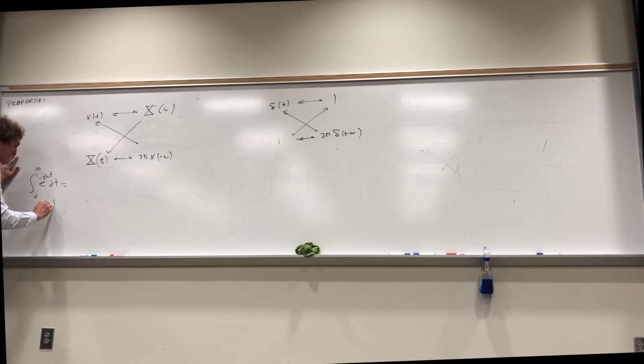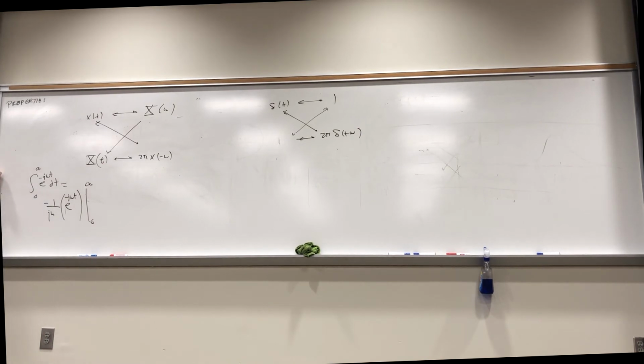That's going to be minus 1 over j omega, times e to the minus j omega t, evaluated from 0 to infinity, right? Well, when you evaluate this, you have e to the minus j infinity. What is e to the minus j infinity? It's undefined. It's something that I don't know. Neither do you. This is one of the things that mathematicians love, this kind of stuff. You can't get at it a direct way. But through duality, you can get at it.